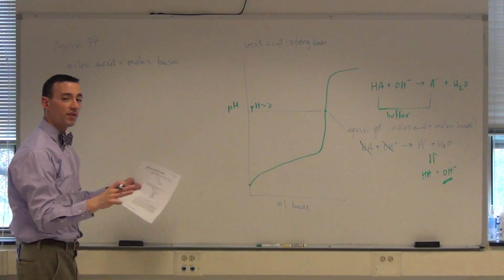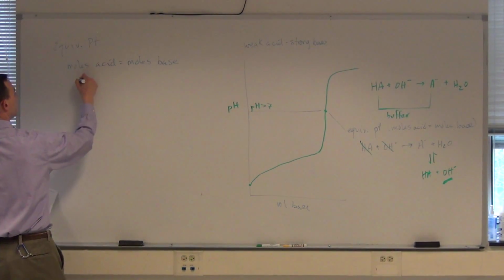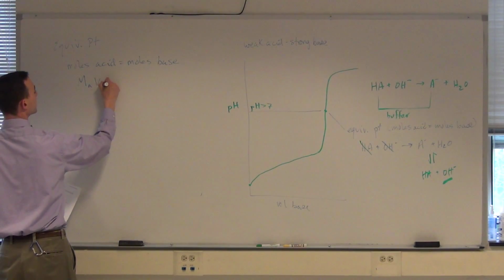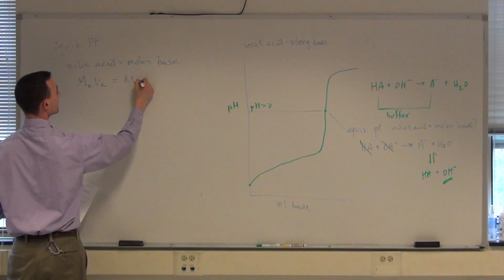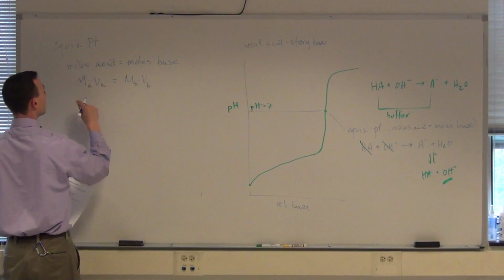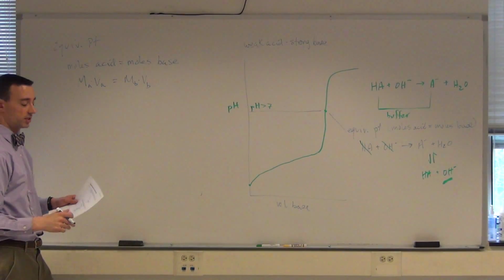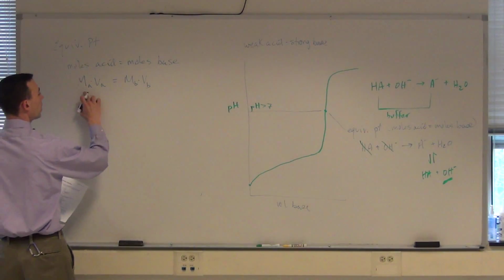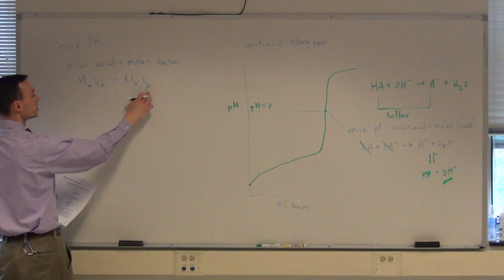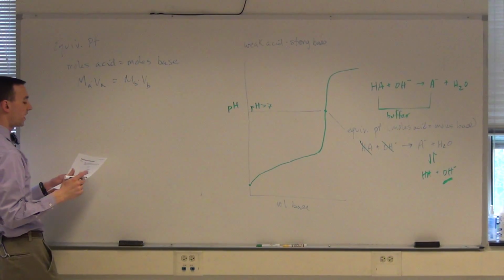When both of these are in the form of a solution, it's easy to express these mole quantities as the products of their molarities and their volumes. And so if you don't know one of these 4 values, you can use the other 3 to find it.